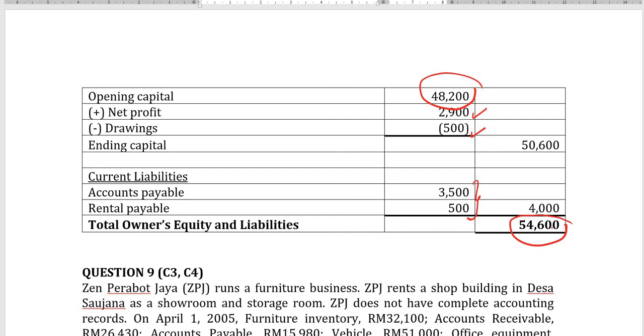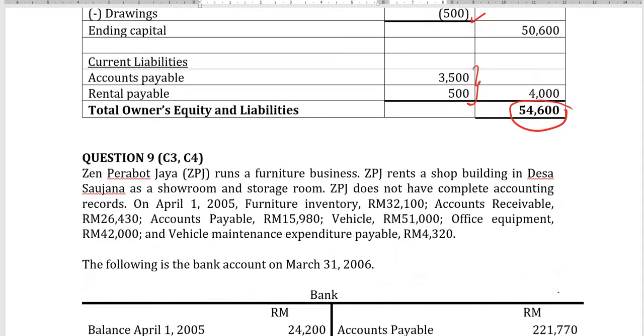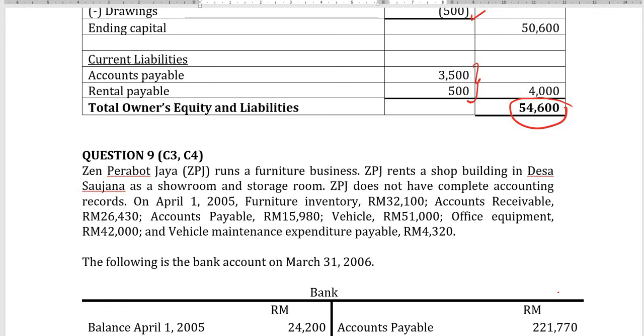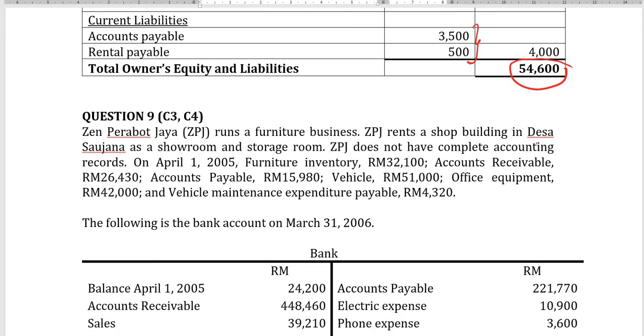Okay, we go to soalan 9. This is a bit more tedious to answer. Okay, so here they don't give you in a form of table, but you need to take out the information given from the sentence. Okay, so yang ni baki awal, baki BF. You have your furniture inventory. Okay, sebab dia furniture business kan.